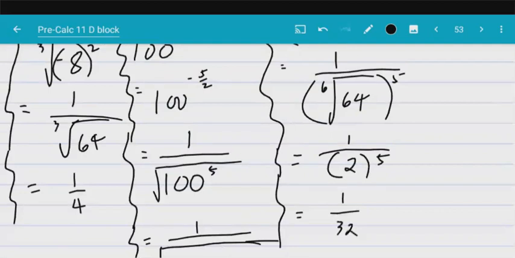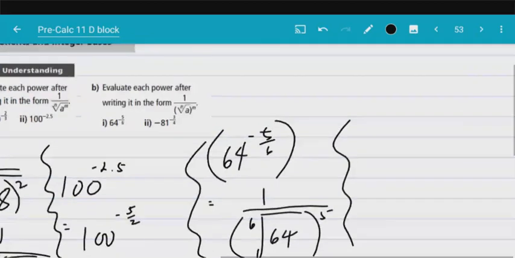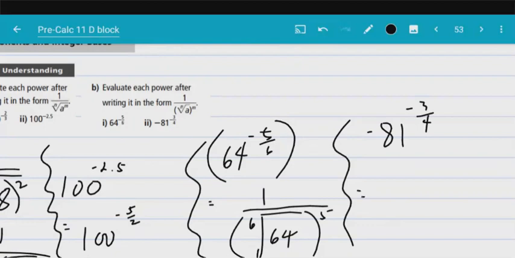All right, last question. Negative 81 to the negative 3/4. Again, get the root first. So that would be the 4th root of 81.